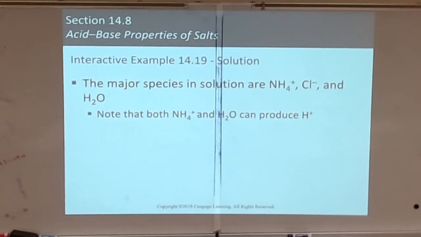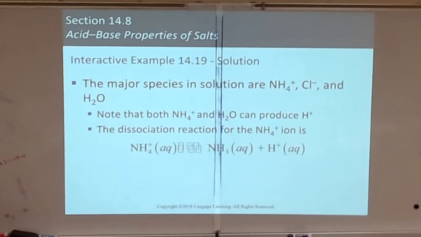Both the ammonium ion and water could produce the hydrogen ion. The dissociation reaction is this.